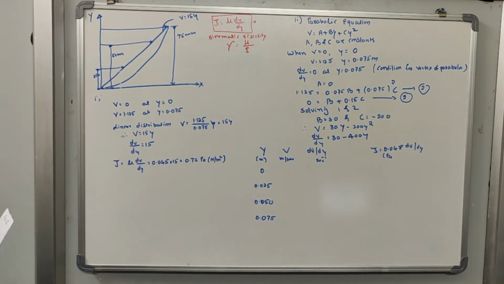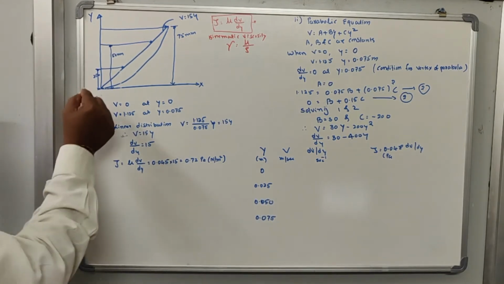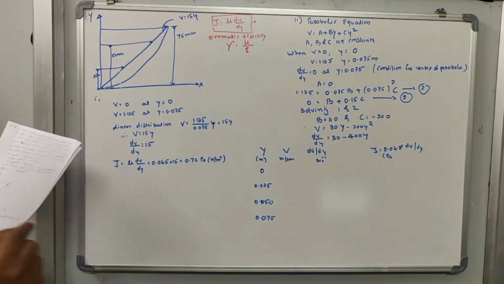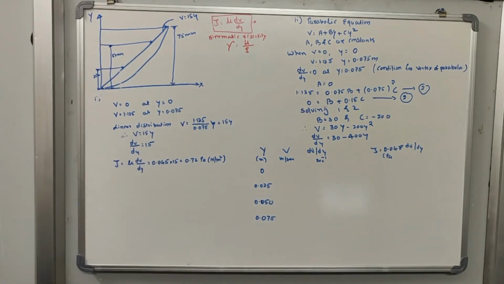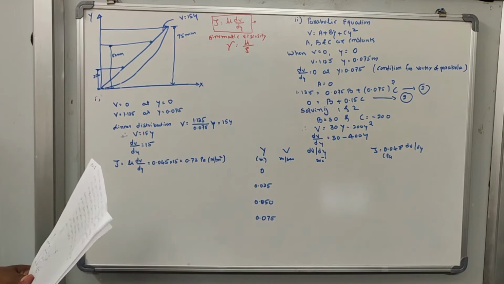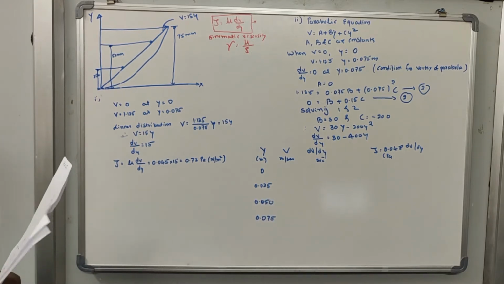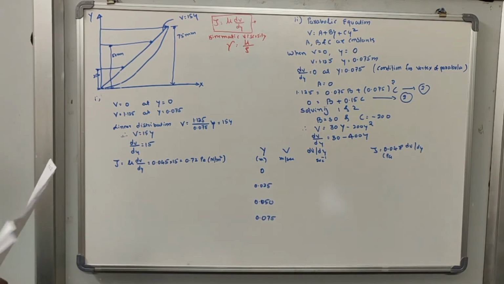That is, one is considering the variation of velocity distribution, that is the variation of velocity with respect to y is linear, and the second case is to calculate the shear stresses at the points 25, 50, 75, considering the velocity distribution is parabolic with a vertex at the point.